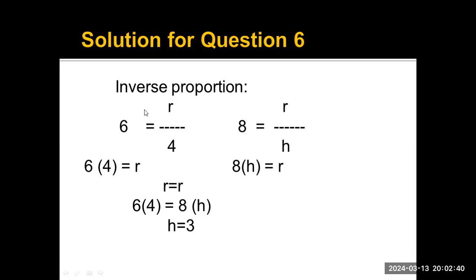So we are doing the cross multiplication. Actually, 6 is understood to have 1 as the denominator. 8 is also understood to have 1 as the denominator. So we are doing the cross multiplication. That's why we have 6 times 4 equals r. Another value of r is 8 times h. And because they have the same rate, the same constant of proportionality, r equals r, so we can equate 6 times 4 to 8 times h.